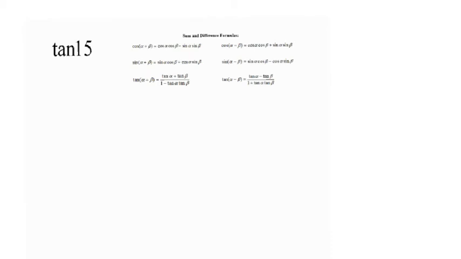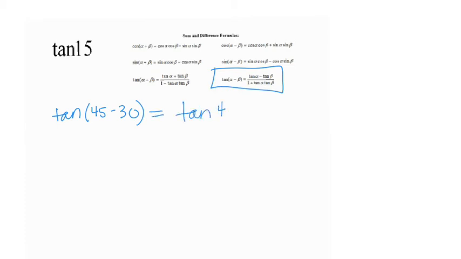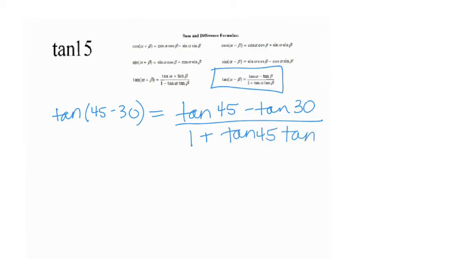So for 15, I'm going to use 45 minus 30. So the tangent of 45 minus 30. This is the tangent minus formula, which says I take the tangent of 45 minus the tangent of 30, all divided by 1 plus tangent 45 times tangent 30.